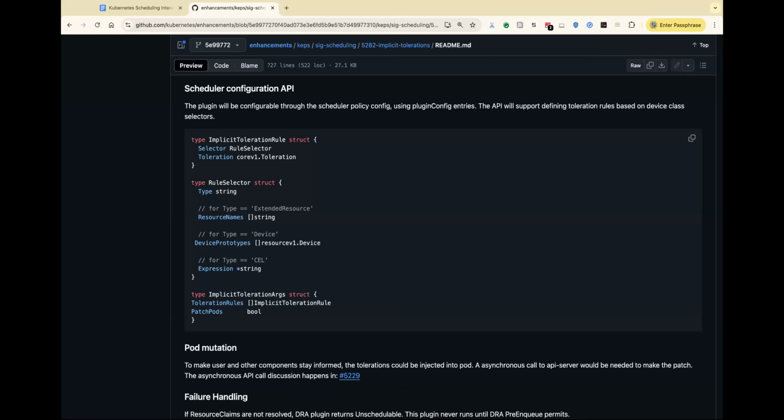So my question is, do we want a more generic solution for this kind of use case, or is it okay if we just try to address the use case where the node has already been tainted, but the toleration was forgotten by the end user, and we want it to be handled by the cluster administrator through the scheduler configuration?